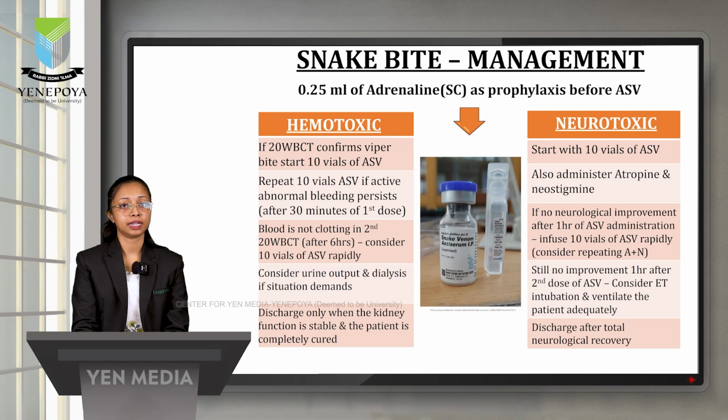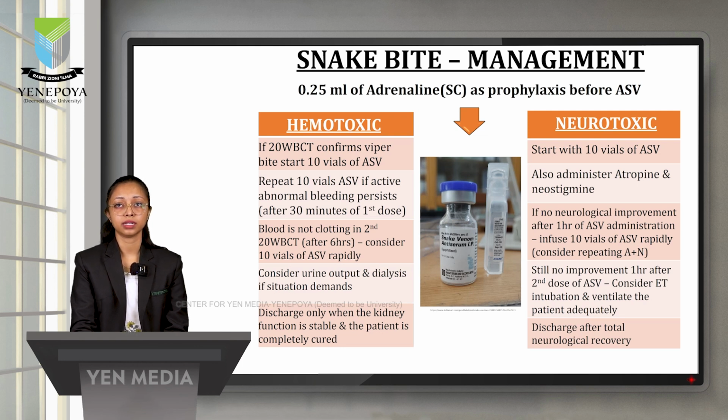Repeat 10 vials of anti-snake venom if active abnormal bleeding persists after 30 minutes of the first dose. If blood is not clotting in the second 20-minute whole blood clotting test after 6 hours, consider 10 vials of anti-snake venom rapidly. Consider urine output and dialysis if the situation demands. Discharge only when the kidney function is stable and the patient is completely cured.